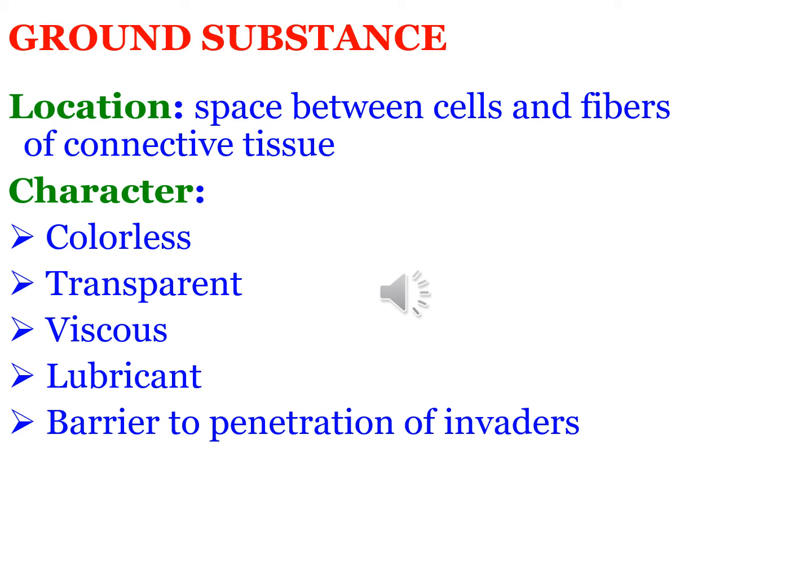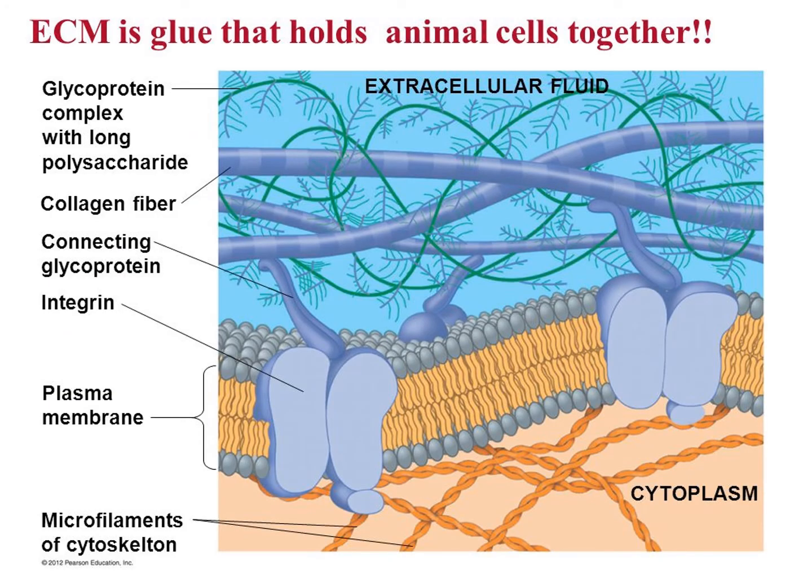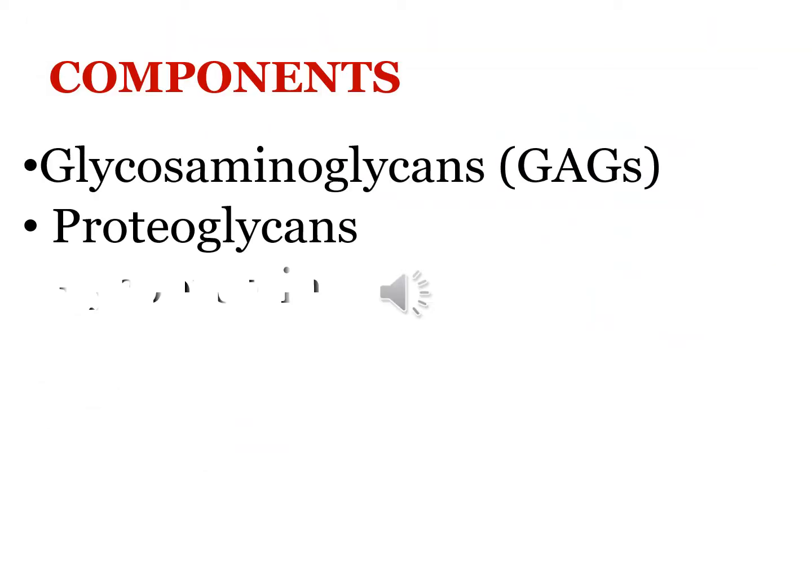So it is going to fill the space between cells and fibers of the connective tissue. The properties include: it is colorless, viscous, transparent, a lubricant, and a barrier to penetration of pathogens. The three main components of the ground substance include GAGs, the glycosaminoglycans, proteoglycans, and the glycoproteins.